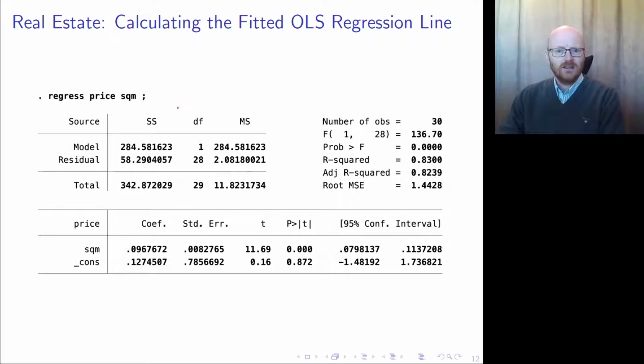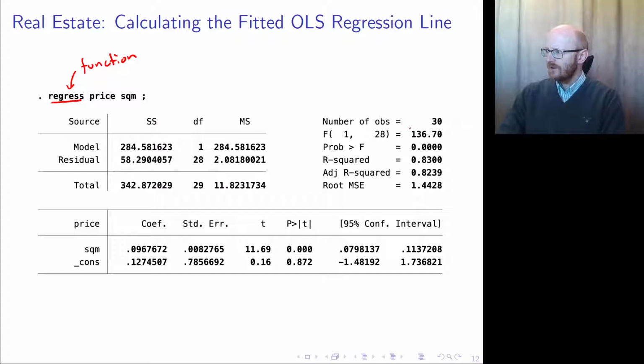But you get Stata to do this for you, and then you use the regress function, and you regress price on square meters, and Stata gives you a lot of output, right?